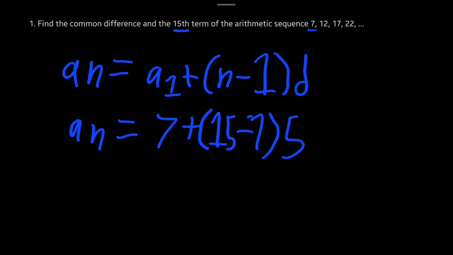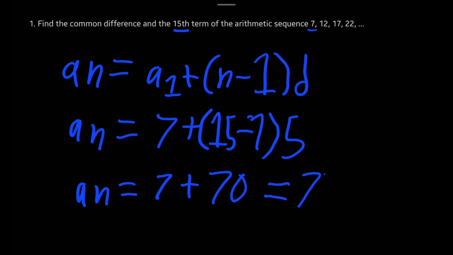So calculating it, 15 minus 1 is 14, times 5 is 70, plus 7, we get 77.